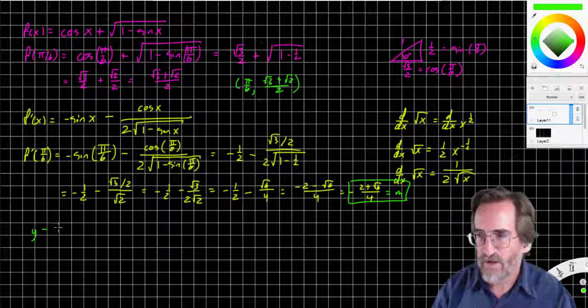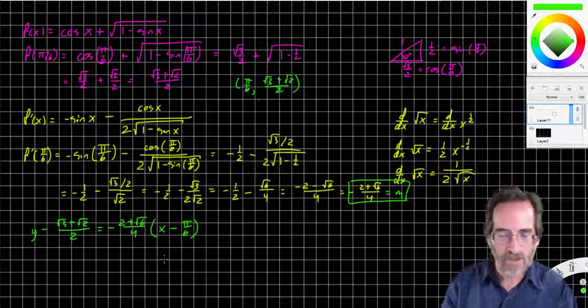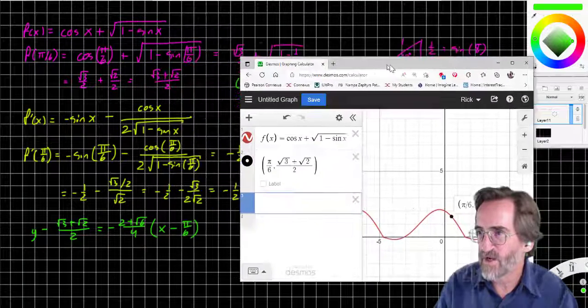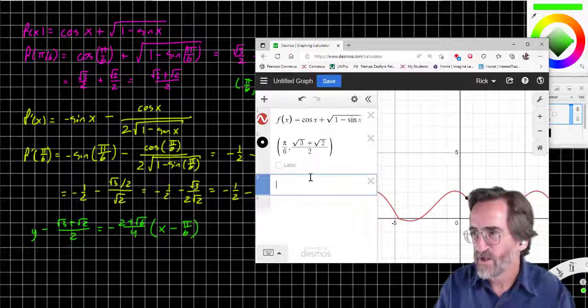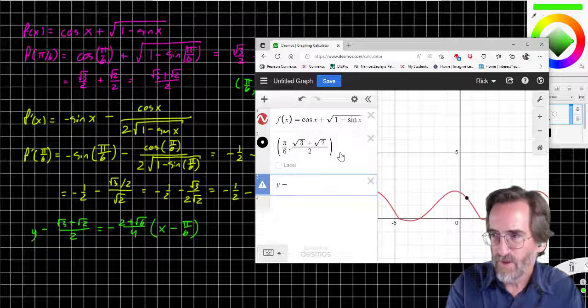Y minus the y value, root 3 plus root 2 over 2, equals the slope, negative 2 plus root 6 over 4, x minus the x value, pi over 6. Okay, and we could go ahead and change that to slope-intercept if we want, but that's kind of an academic concern. Desmos will graph it just fine, though your TI-84 won't.